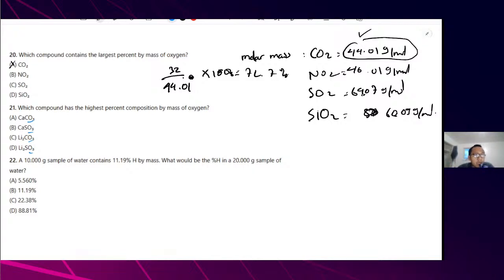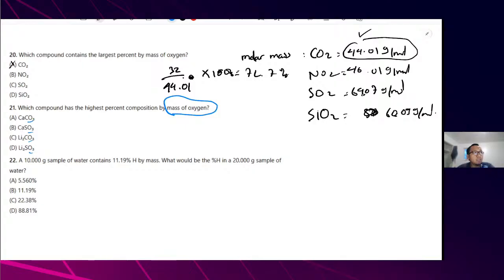What we need to do next is sum up all the elements one by one and find the lightest one, same as the previous question. Look for the lighter metals, because what we care about here is the oxygen.